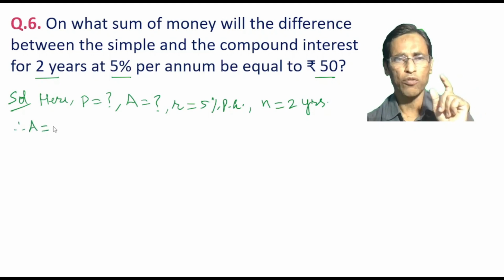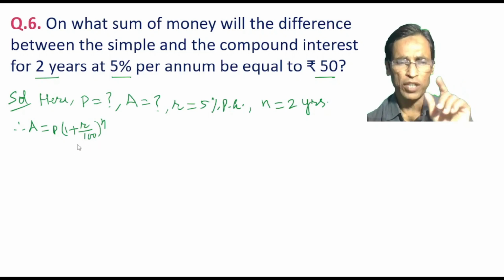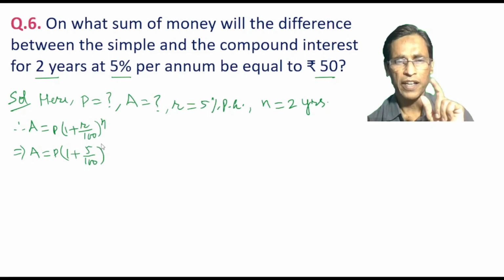Therefore A equals P times (1 plus R by 100) to the power n, and the quantities which are available in the question will be put up here. A will be as it is, P will also be as it is. R will be replaced by 5, and so it is 5 by 100. N will be replaced by 2.